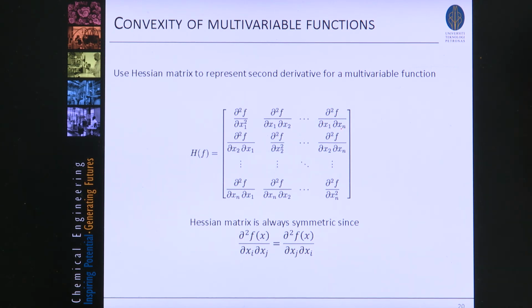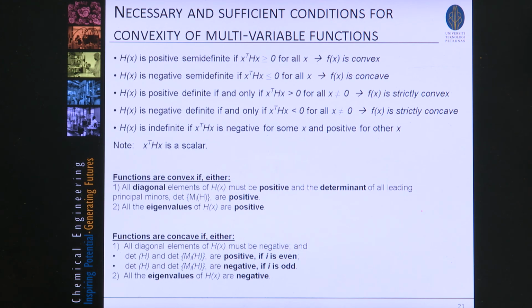In the second row, it's all about x2: the derivative of f with respect to x2 and then x1, then d2f dx2 dx2, and so on. Then here we have d2f dxn dx1 and d2f dxn dx2, and so on until d2f dxn dxn. It is always symmetric, because of this rule, as you can see now.